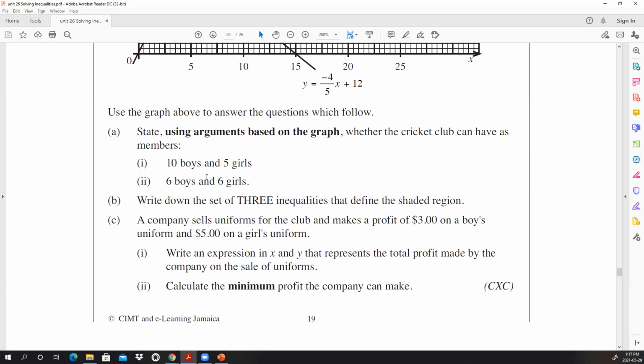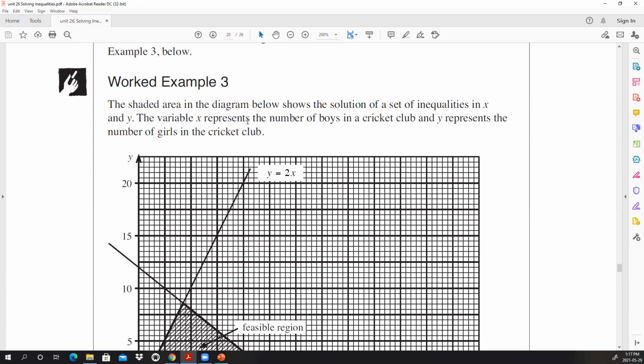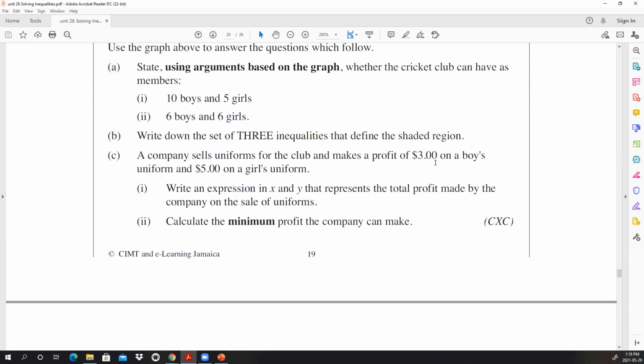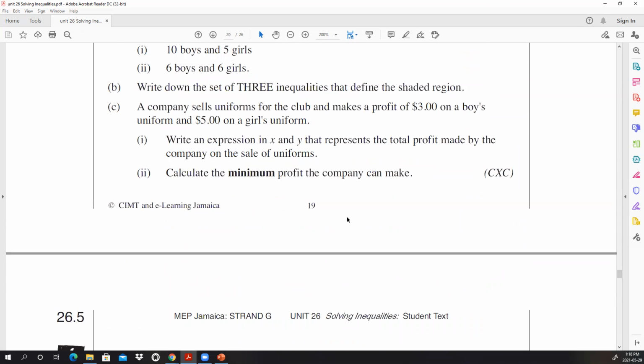If X is the number of boys, and Y the number of girls, then it's 3x plus 5y. Then calculate the minimum profit the company can make. That is your profit function, 3x plus 5y.